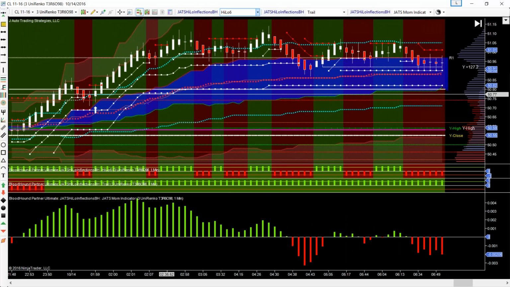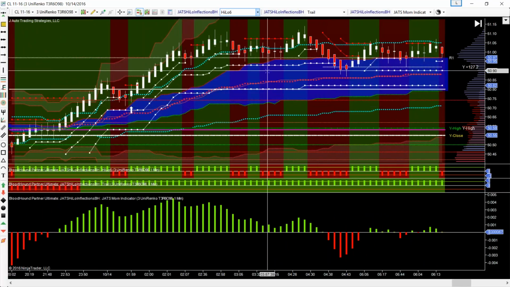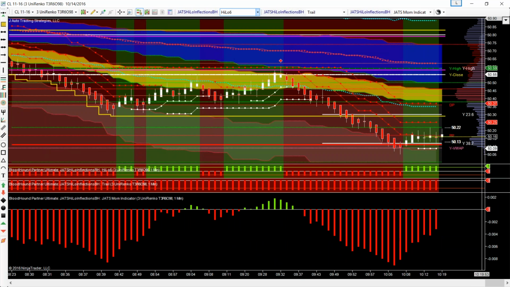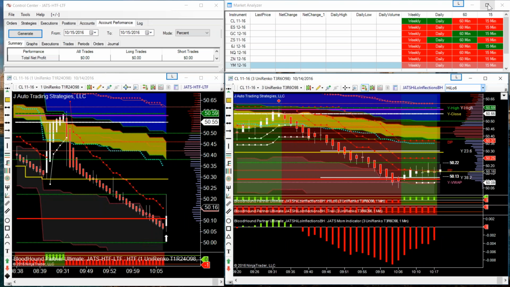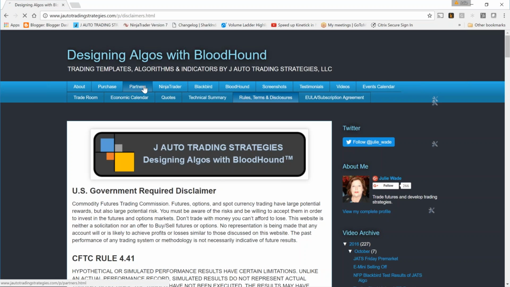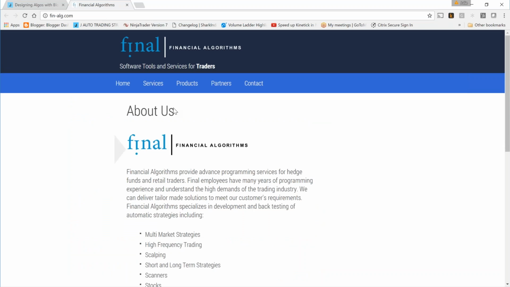And using the tools in NinjaTrader and Bloodhound and these indicators that I use from High-Tech Trading and FinAlg that you can find on my website. Go up here. FinAlg. This is the MP lines indicator.